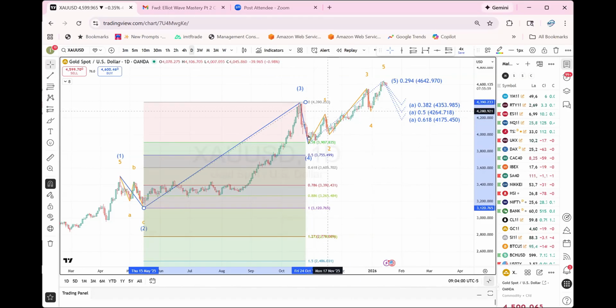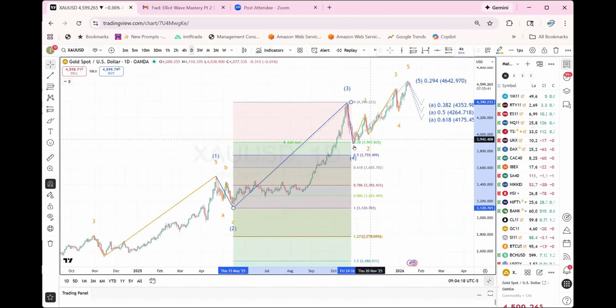So when this is drawing this, I'm not really paying attention to 3 to 4 because this stopped at 38.2. The only way it could be a 4 is if it does a 50% or 61.8. So to me, this is still a 3 wave going all the way up, not a 3 wave that's ended.